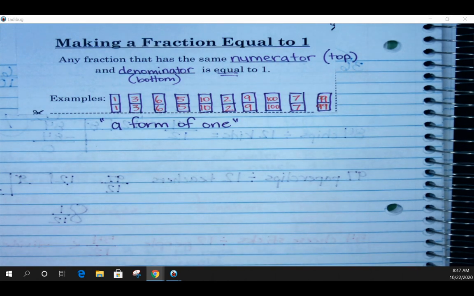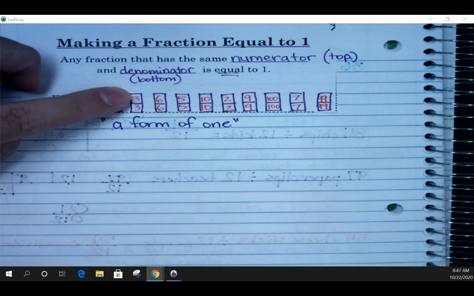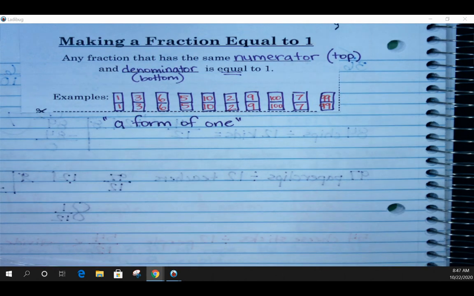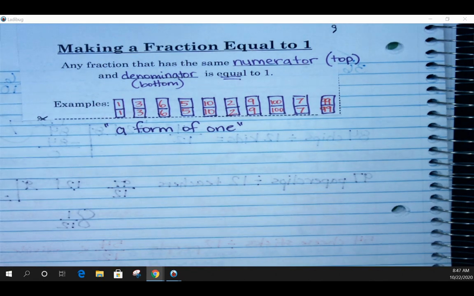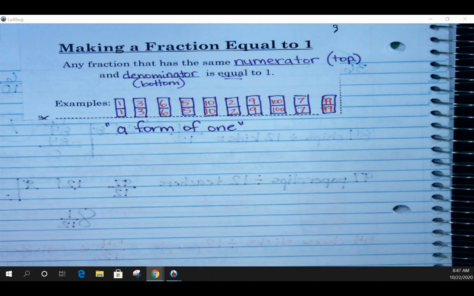Because what does that middle line mean? It means divide. 1 divided by 1 is, 3 divided by 3 is, 6 divided by 6 is 1, 5 divided by 5 is 1, 10 divided by 10 is 1. So remember, when we think of it as divided by, 9 divided by 9 equals 1.